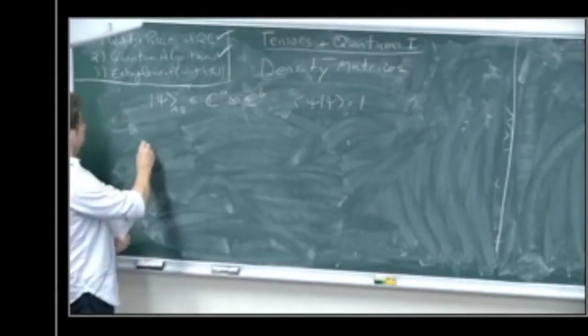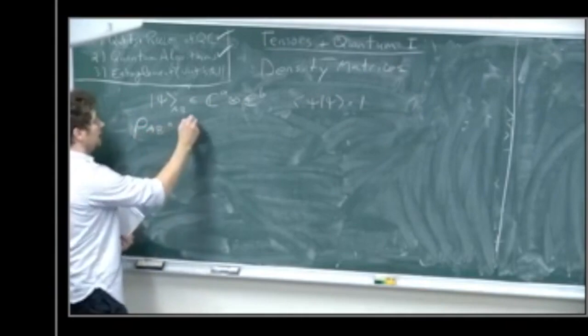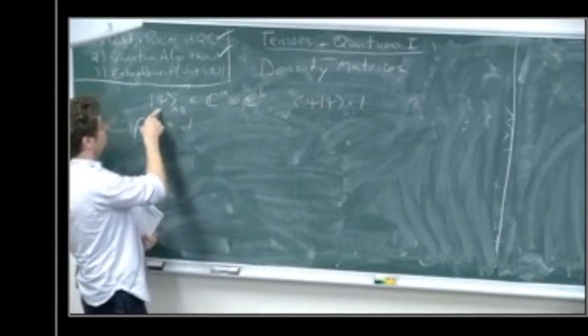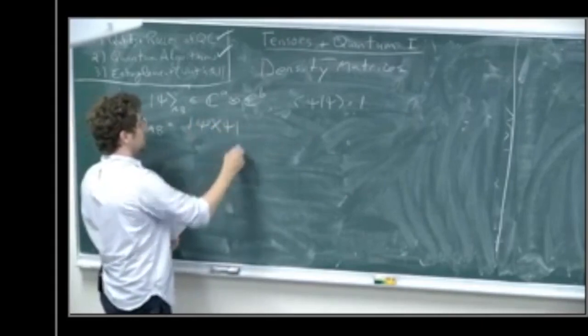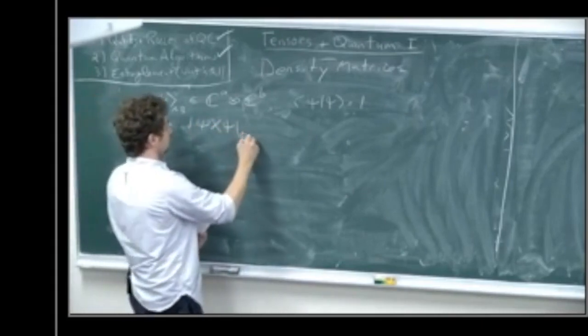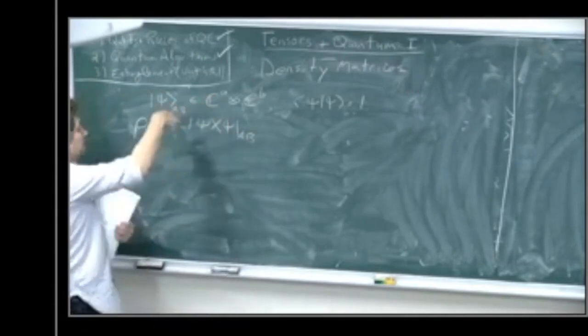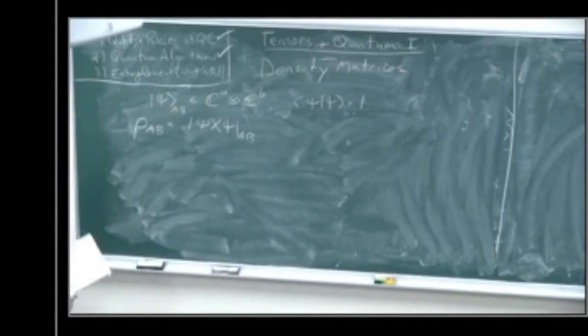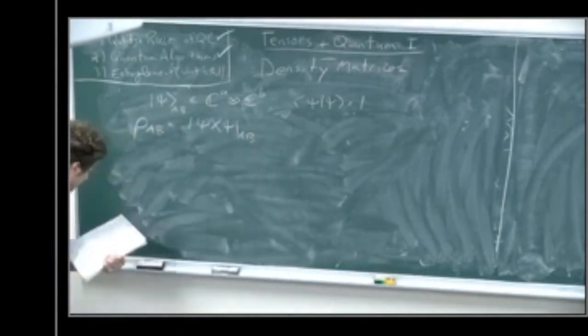There's something called the density matrix of that state, rho AB. For this state, I just take the projector onto the unit vector. So now it's just some square matrix, and we call this the density matrix.